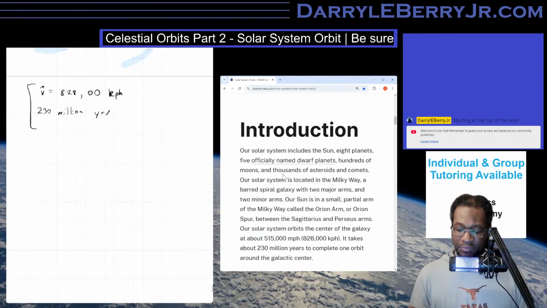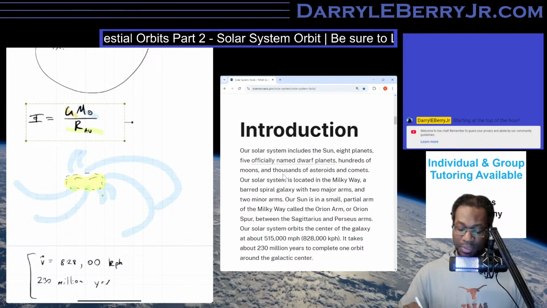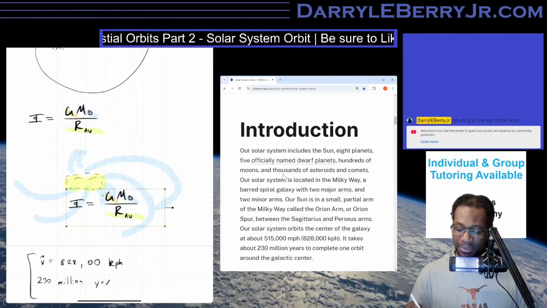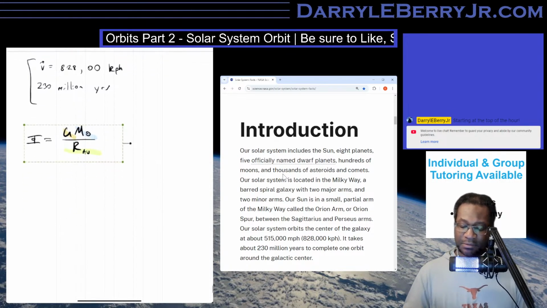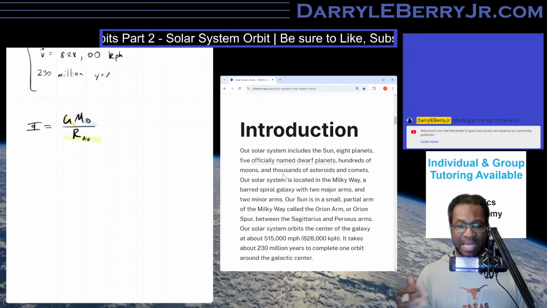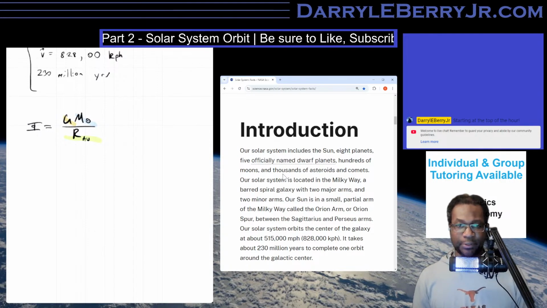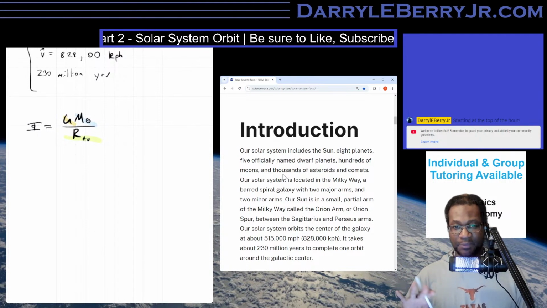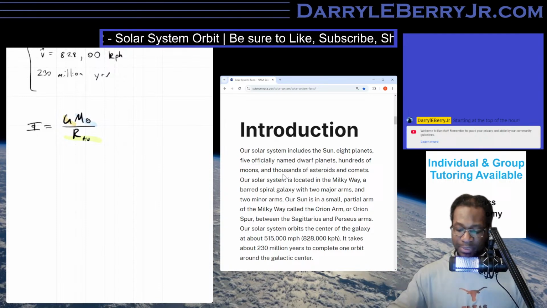So what we can do is we could apply the formulas that we have here to determine how much mass is in the center of the galaxy relative to our radius. So that's why I was mentioning last week, it was a little bit complicated because there's mass within our orbit and outside of our orbit.